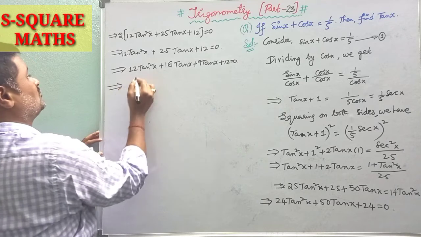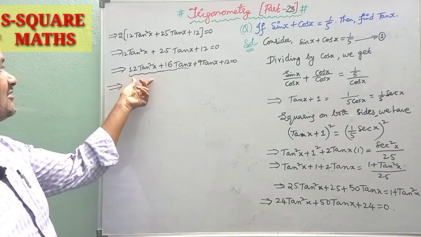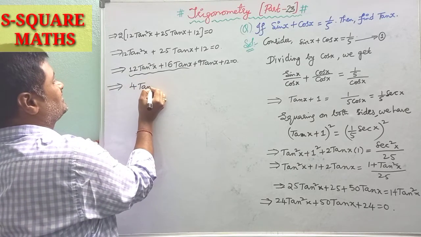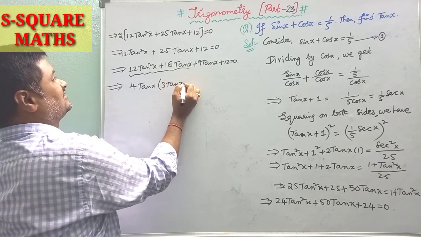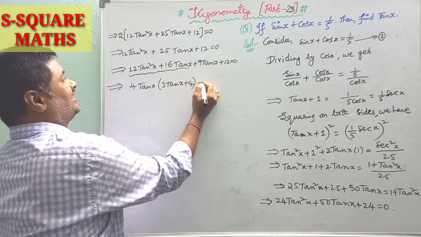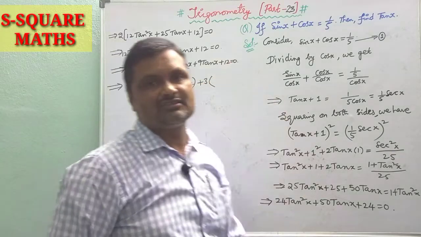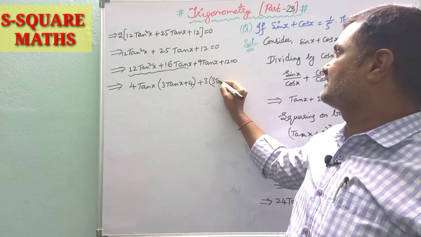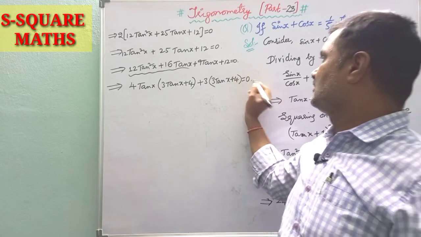In the first two terms I can take tan x, and at the same time it is a multiple of 4, 12 and 16, so 4 tan x into 3 tan x plus 4. Taking 3 as common from the last two terms, I can write 3 tan x plus 4 is equal to 0.